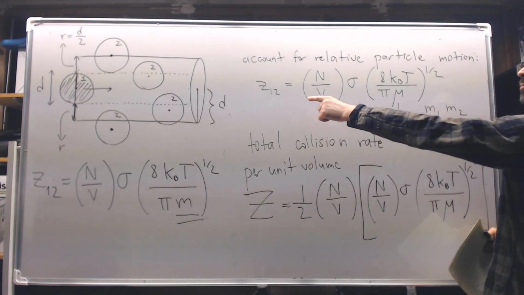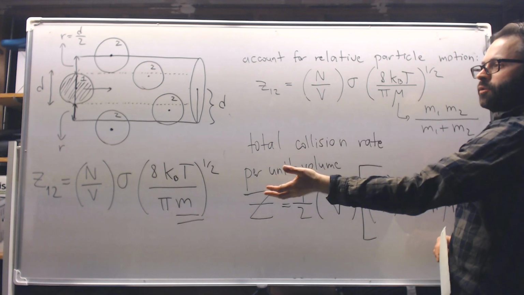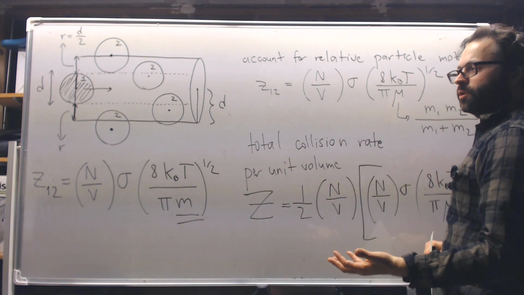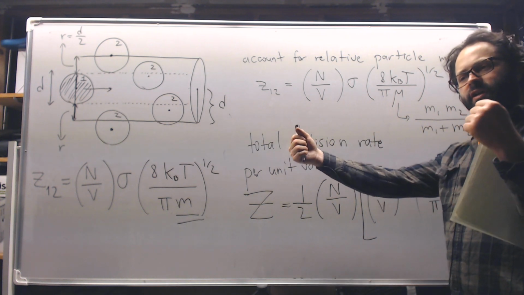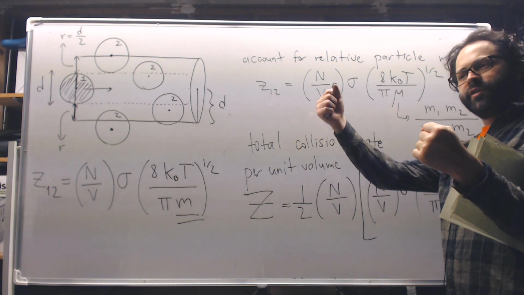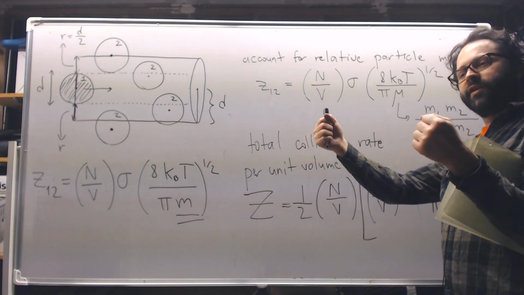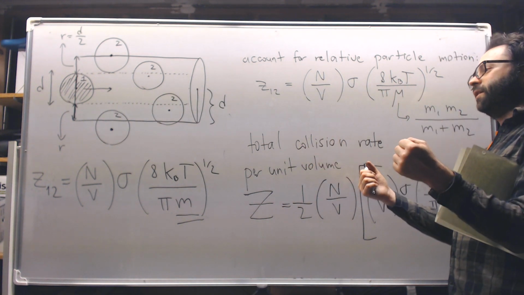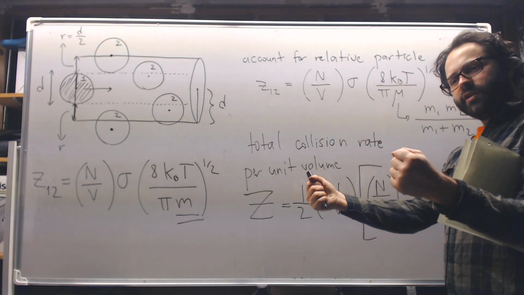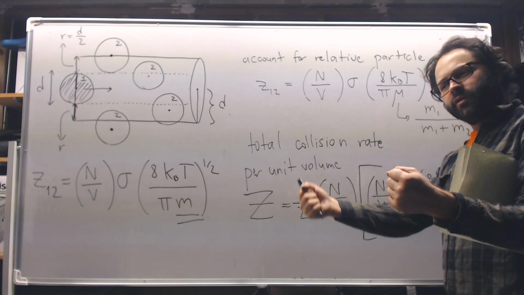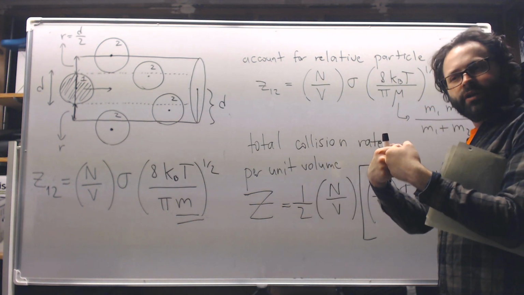When we say that each particle is going to undergo collisions with all the other particles, and there are n of these particles, we are overcounting the number of collisions. We are saying that the collision of particle 1 with particle 2 is a different thing than the collision of particle 2 with particle 1. But there's just one collision between particle 1 and 2.